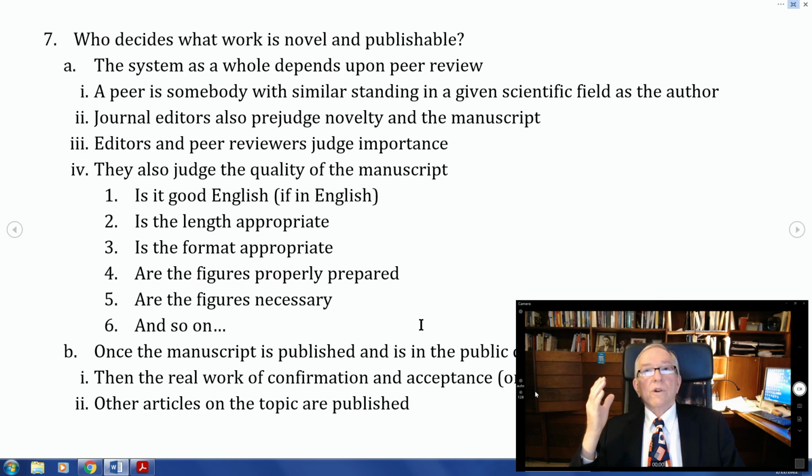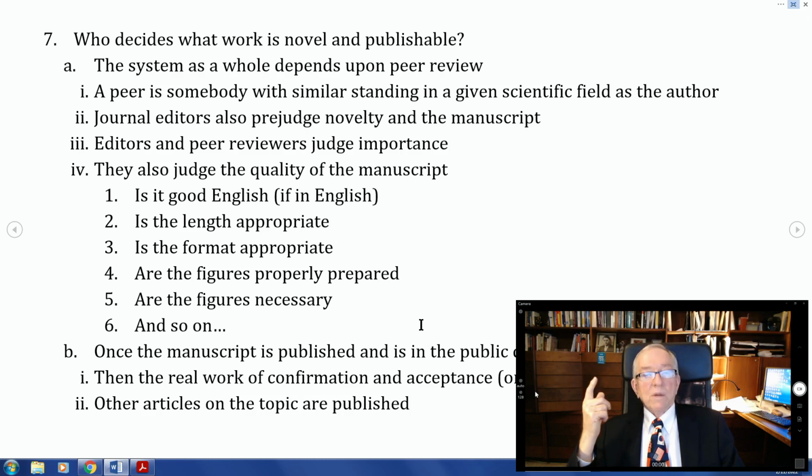And the editors also will weigh in, and they'll look to see that it's novel, that it's not something that's been published before. Is the English good, if it's an English language journal? Is it the right length? Too short, doesn't work. Too long, the journals can't handle that much.